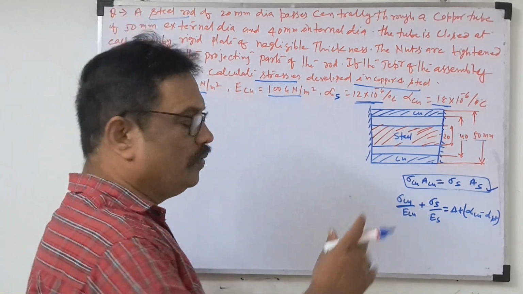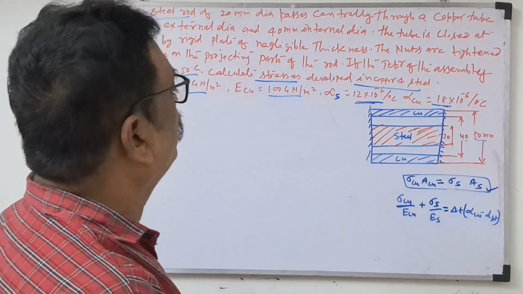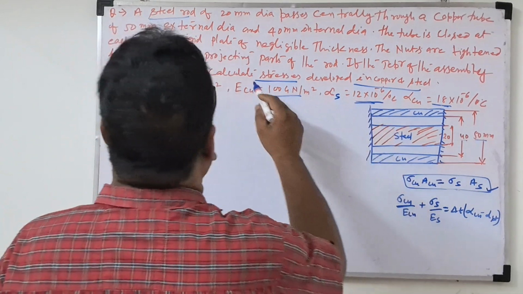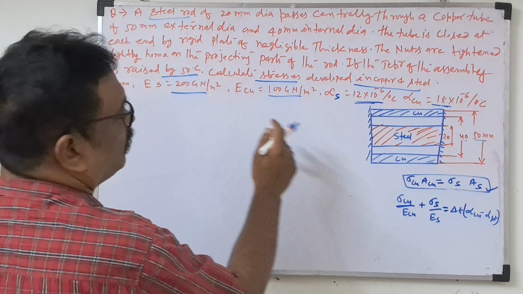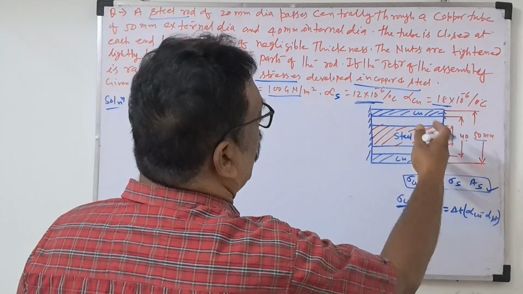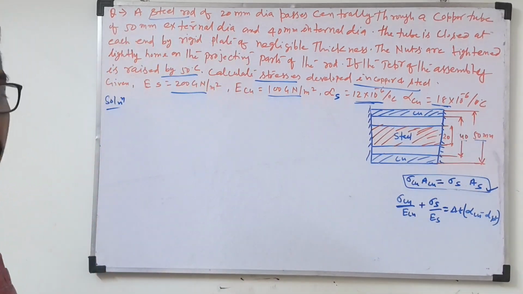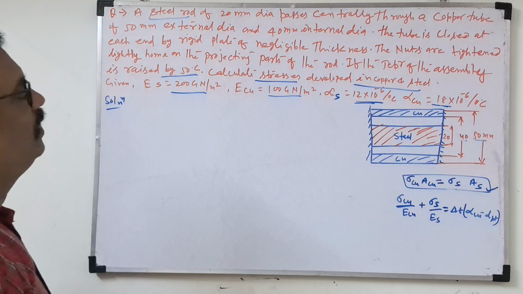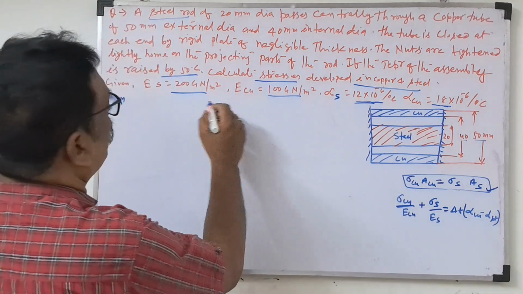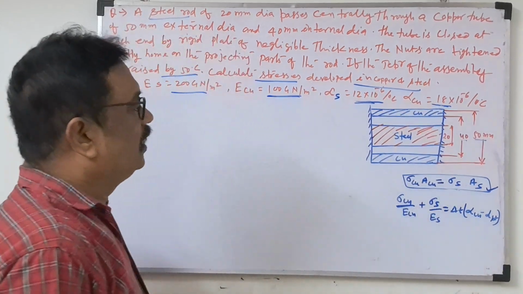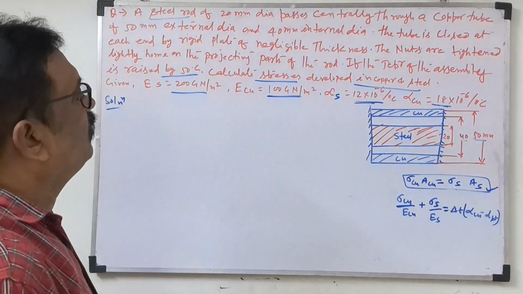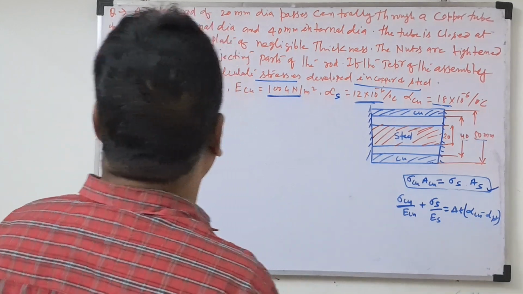If elongations were free, no stress would develop. If the assembly temperature is raised by 50 degrees Celsius, how much elongation will come for the copper bar and how much for the steel bar, that they are asking. Young's modulus and the linear coefficient are given for both steel and copper.